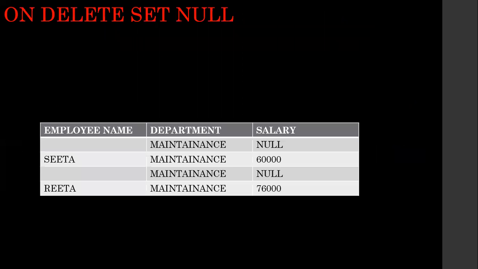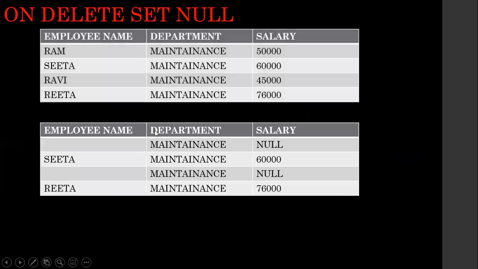Now, for example, after creating the table, I want to delete some content. This is a table I have. In the first table we have 4 employees, they belong to the maintenance department and each employee is getting some salary.